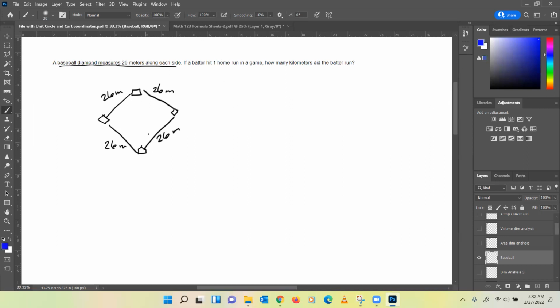Now let's talk a little about that. If they only hit and can only run to first base, and they'll get out if they try to go any further, that's a single. So a single is a hit where they end at first base. A double is a hit where they can run past first base and make it all the way to second base.